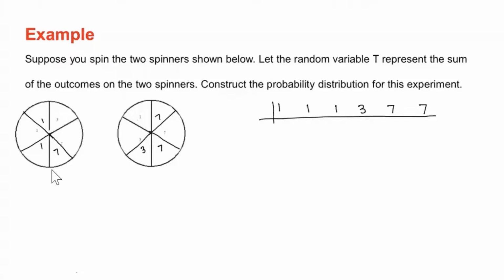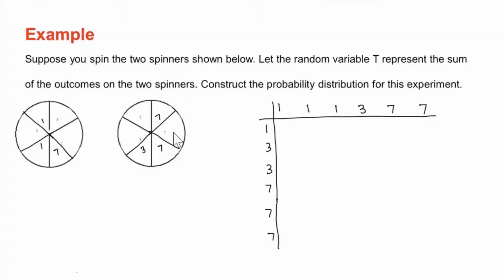And if we look at the second spinner, we have a similar situation. We have 1, 1, 1, then we have 2 3s, so 3, 3. And then we have 3 7s: 7, 7, 7.